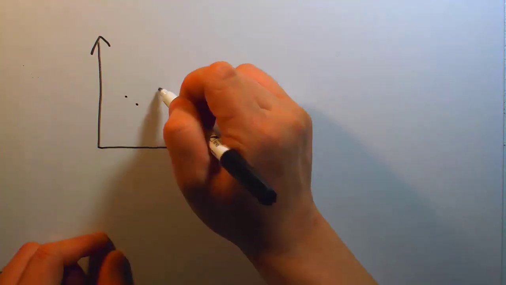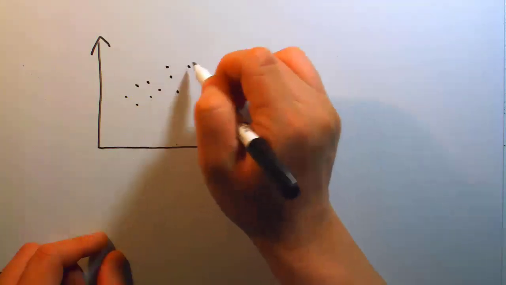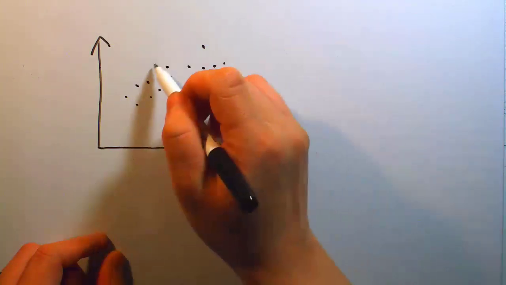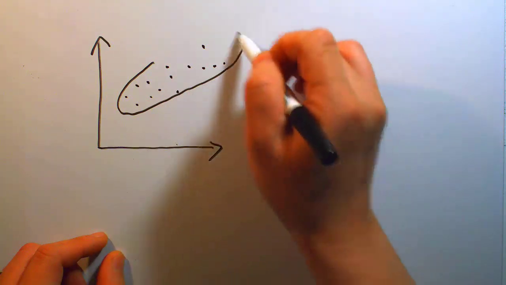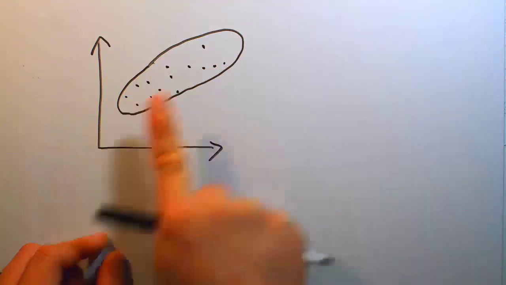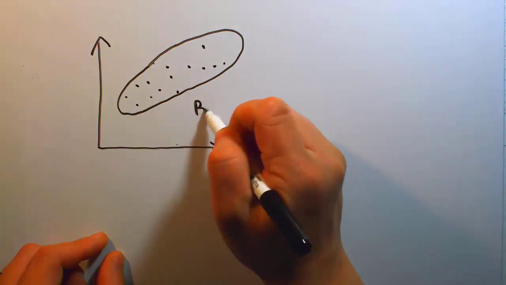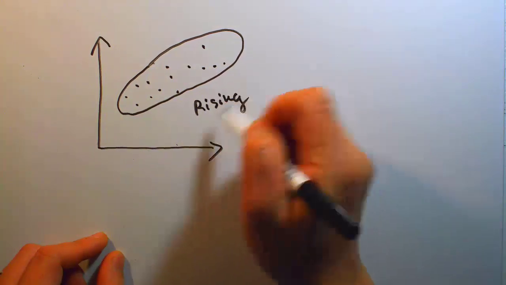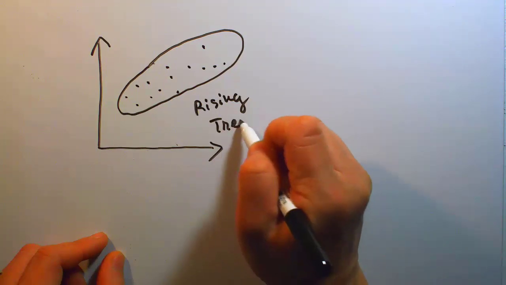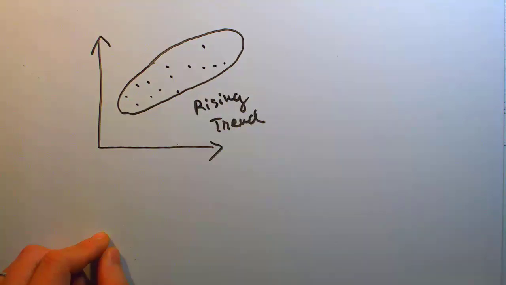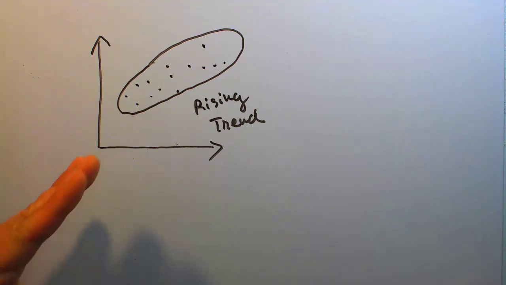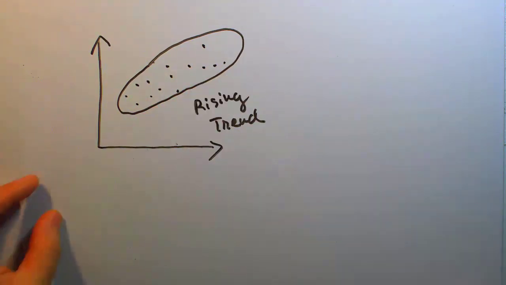So when a scatter region forms into a region like this, so from the left to the right, the region seems to be getting higher from the left to the right. So a region like this, yes, making a note of that, is a rising trend. Or I say it's a trend, because we still don't know exactly what the pattern is, but we can see that it's forming into a rising trend.